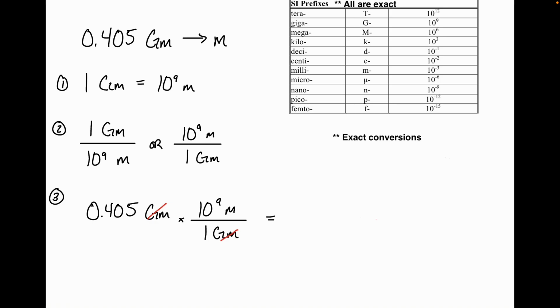So punch this into my calculator. All right, I was trying to prove a point here using these big numbers about how big numbers look in our calculator. So my calculator spits out 4.05E8. All right.